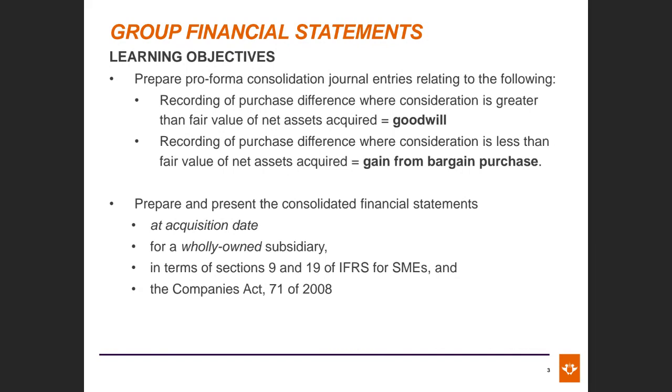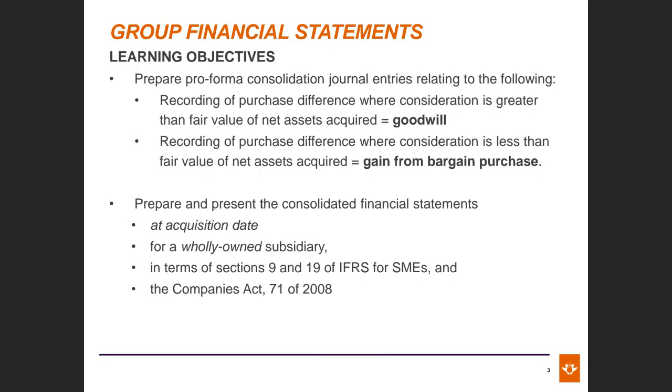Then we're going to be looking at the pro forma consolidation journal entries relating to the following. So we're going to be recording the purchase difference. So where the consideration is greater than the fair value of the net assets acquired, we have a situation where goodwill is created.